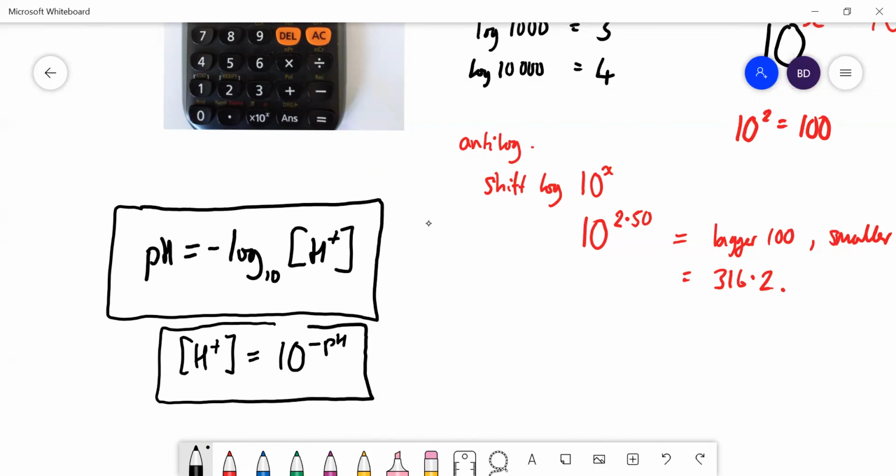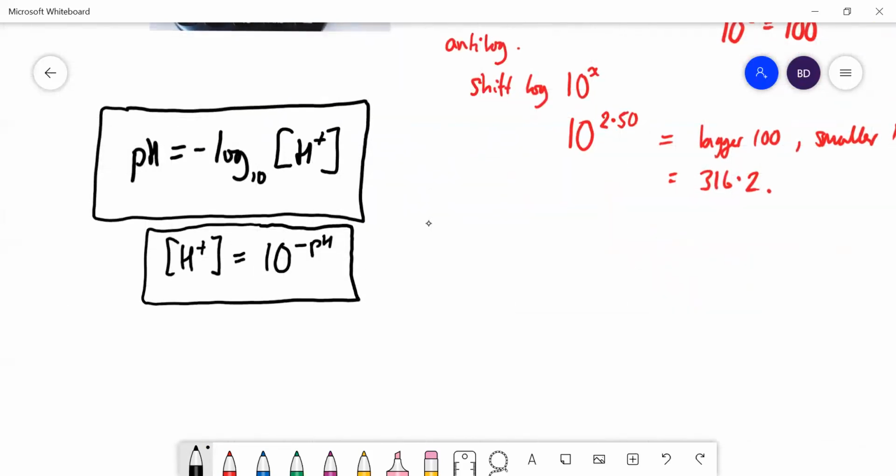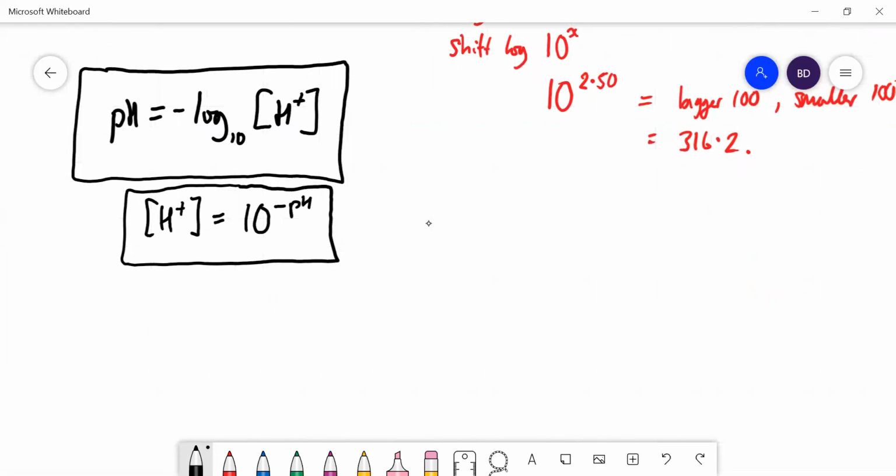It's very useful to remember that whenever you want to convert these. So let's say we've got a solution of ethanoic acid. Doesn't matter what it is, it's a little question here. Say that's pH 2.6. We normally give pHs to 2 decimal places, by the way, so get into the habit of doing that.